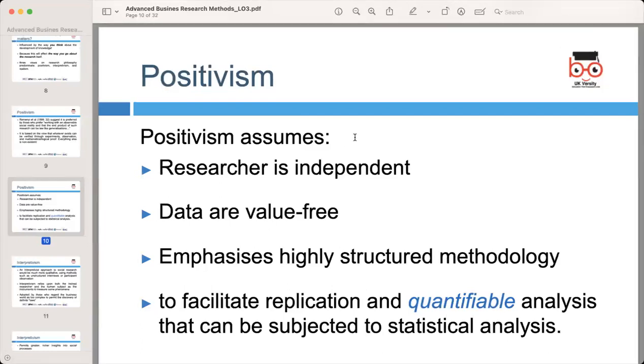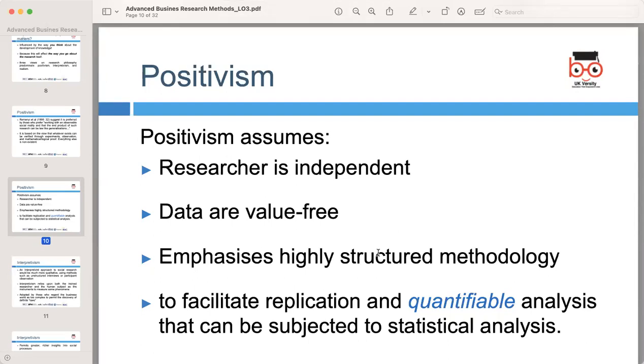Okay. Third one is emphasizes highly structured methodology. This means the research process should follow a clear and well-defined set of steps. The last one is facilitate replication and quantifiable analysis.